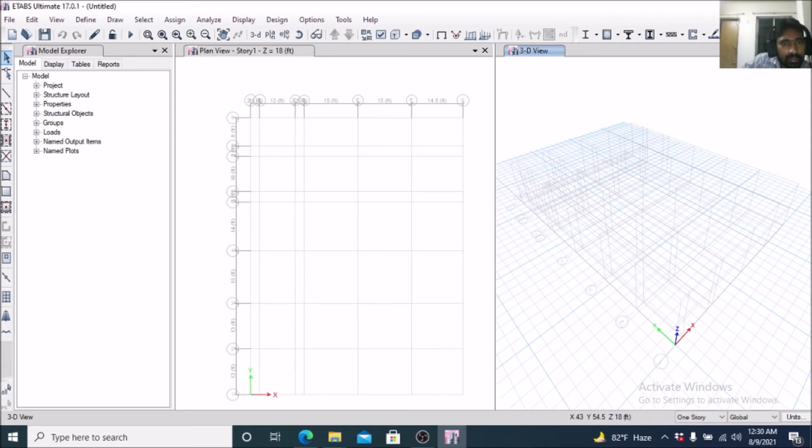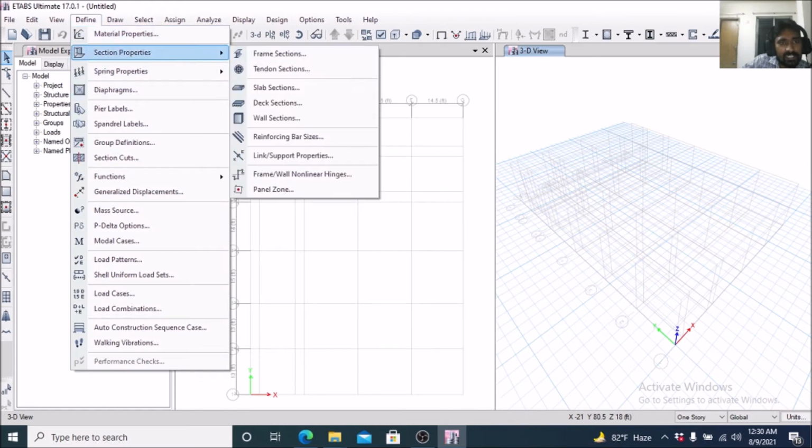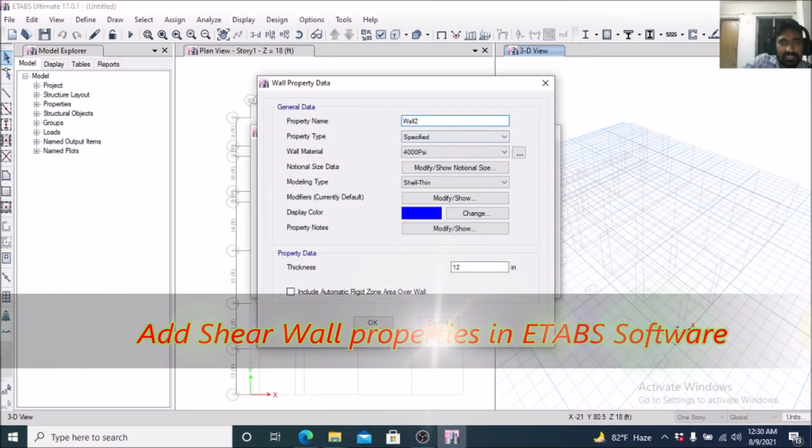Then we have to define section properties. In this section is the wall section. We have to define the shear wall. By default wall 1 has been assigned here, so we have to add a new property, that is wall 10, that is shear wall 10.